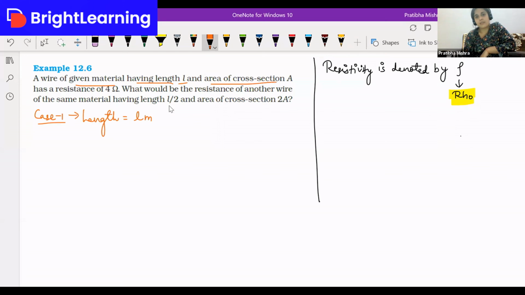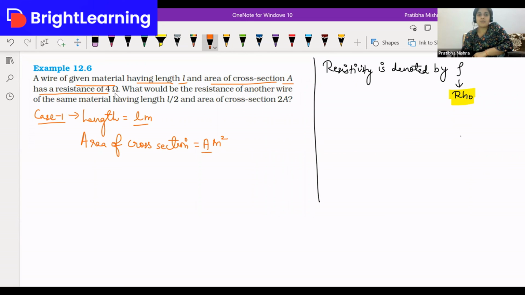The area of cross section is A meter square. It's the unit, it's not AM square. Please don't do that.